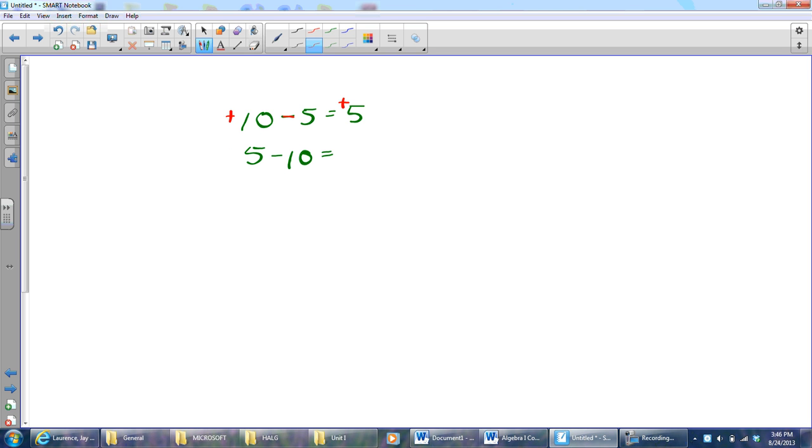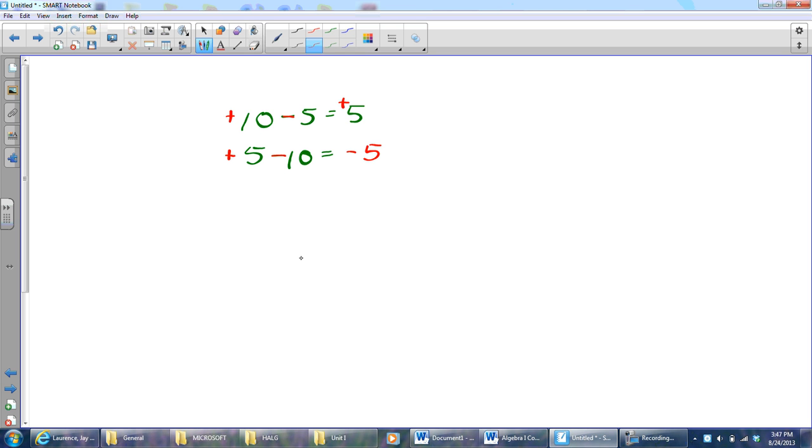Well, in this case, the 5 is positive and the 10 is negative. So I'm going to get the same answer, only the inverse of it, because I'm using the inverse signs. The 5's change signs, the 10's change signs, and so my answer will be the same with changed signs.